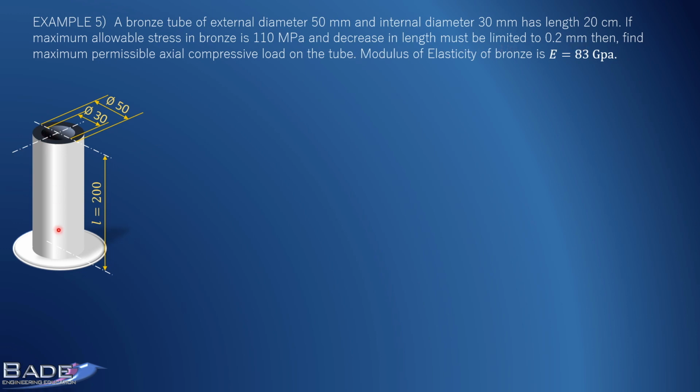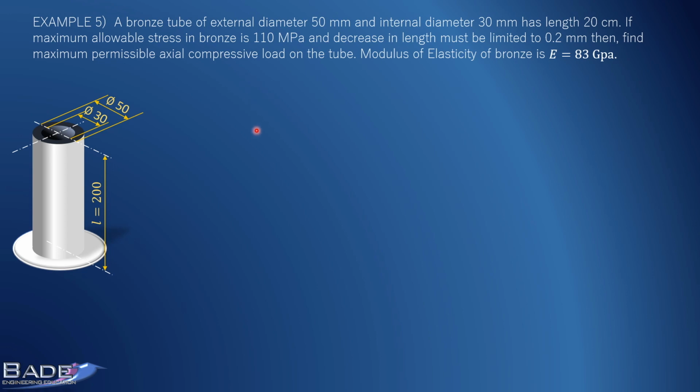Length of this rod must not reduce more than 0.2 millimeter. So these are the two conditions. Maximum permissible stress and maximum permissible deformation. So using these two conditions, we'll get two values of compressive loads and we'll select smaller of the two as maximum permissible load. That is what we studied in the last problem also.